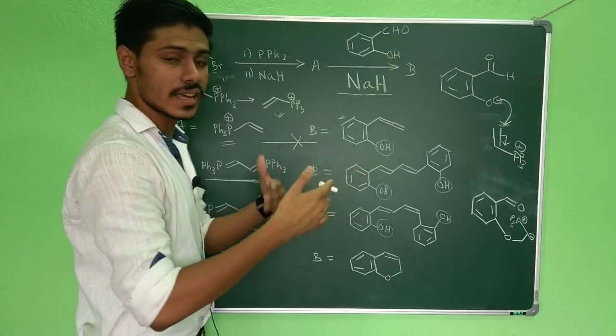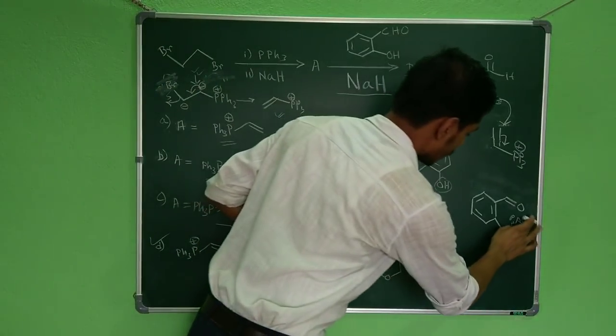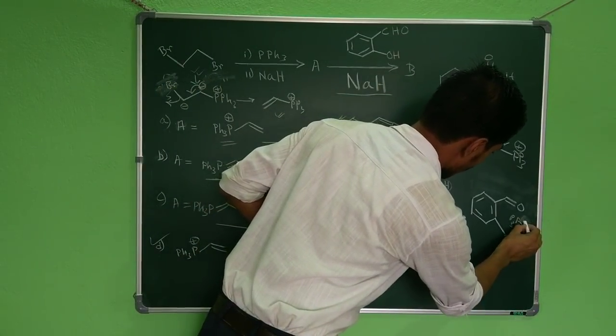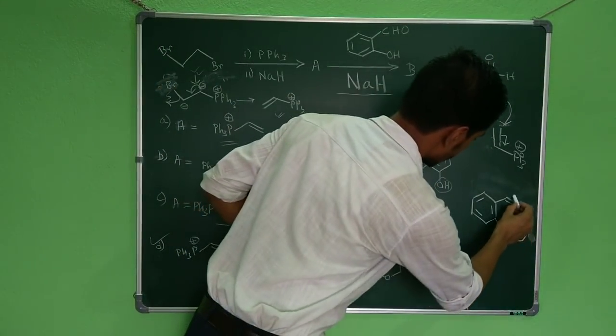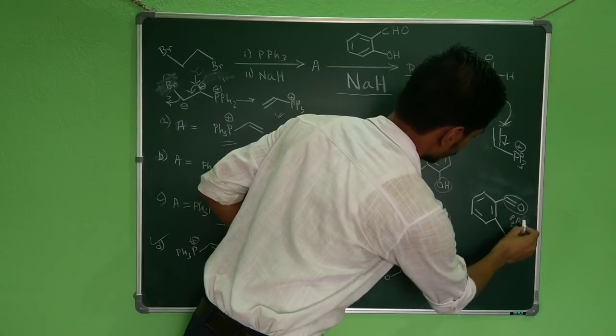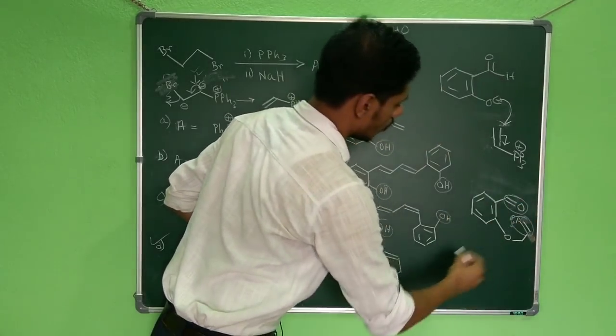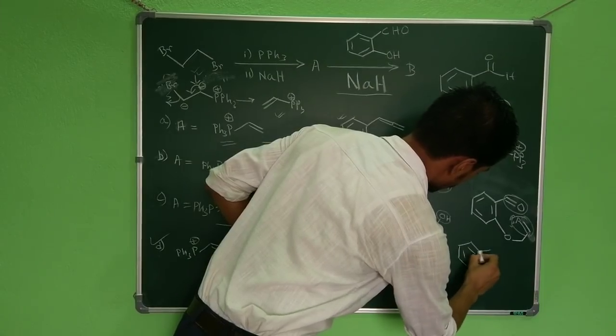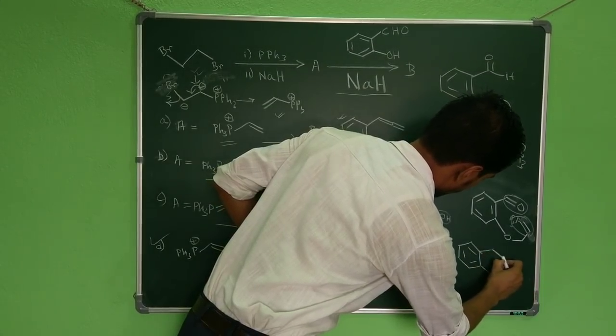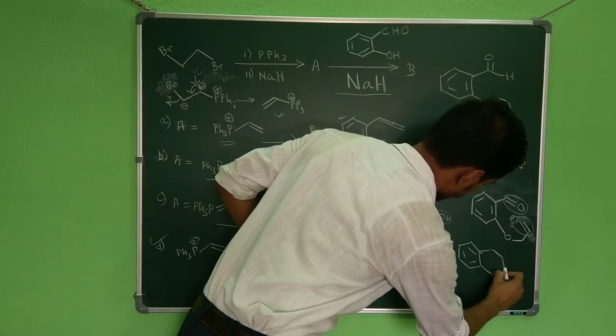The Wittig salt is generated in situ, and if you remove the positive and negative charges, you will have this type of double bond over here. Then between this carbonyl group and this Wittig salt, the Wittig reaction will occur, and out of that you will get a product like this.